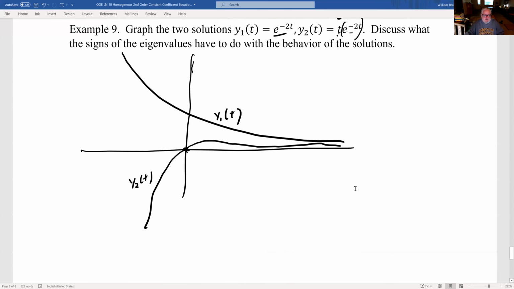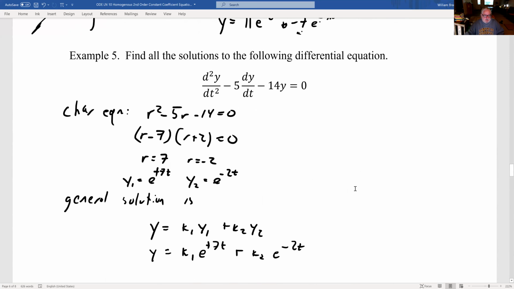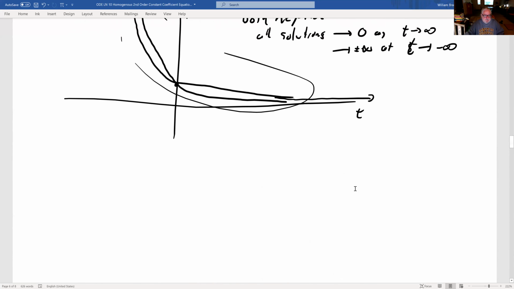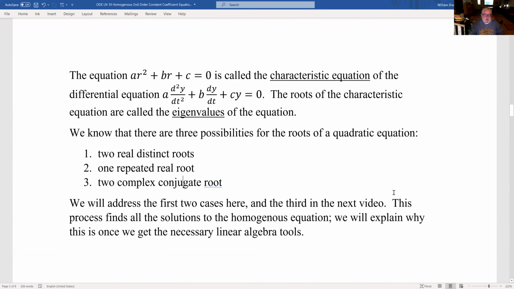So that gives us a solution to the problem way back up here. Here we go. So find the characteristic equation, find those roots. The two solutions are going to be y1 equals e to the r1t, y2 equals e to the r2t, and the general solution is k1 y1 plus k2 y2.